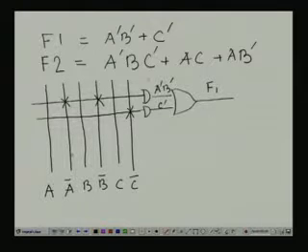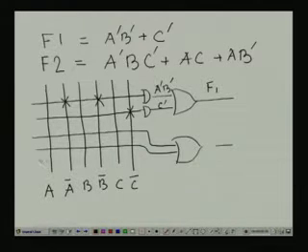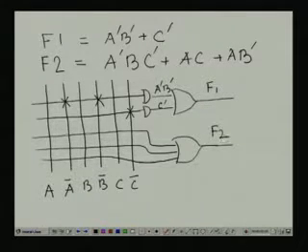Similarly, if it is F2, we are seeing that there are 3 terms. So, that means this OR gate must have 3 inputs, and this will be A dash B C dash. So, this is A dash B C dash, AC.